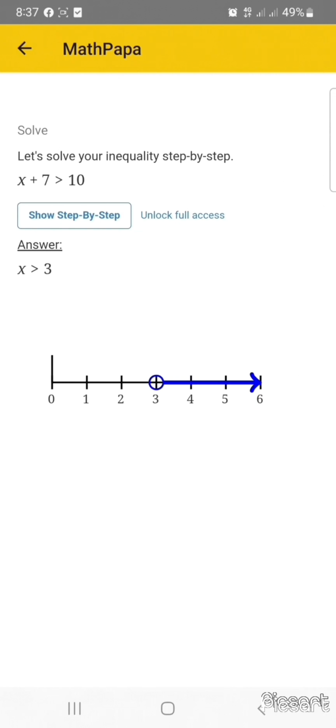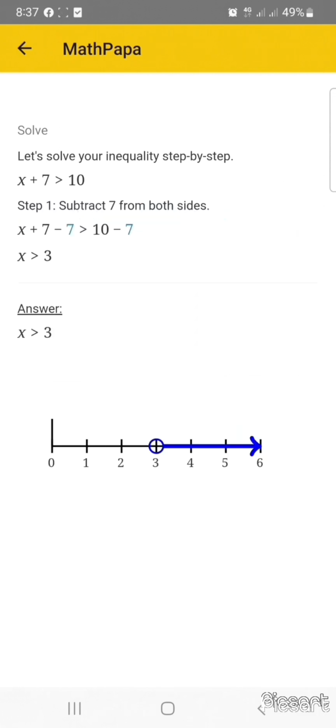The answer is x is greater than 3. And you can click the step-by-step solution. How was it solved? It is shown here, and the graph of the solution set is also shown in this application.